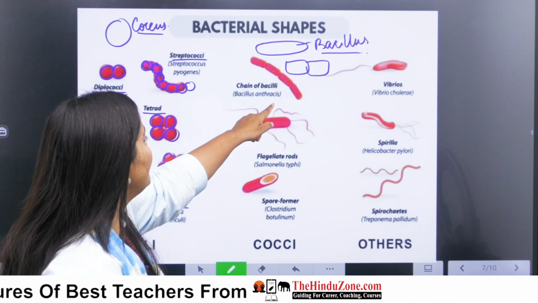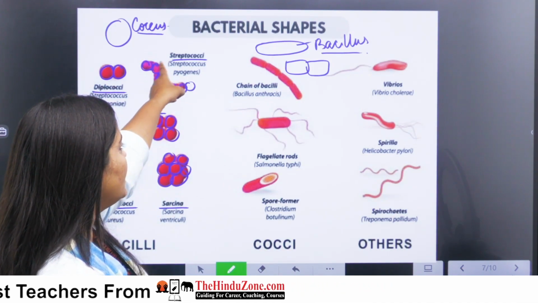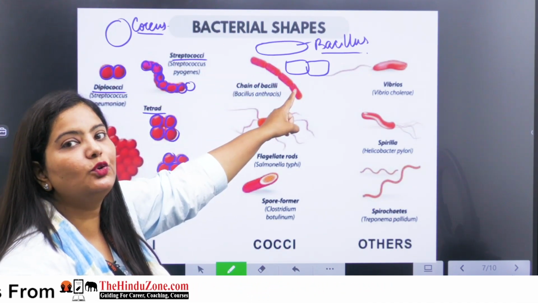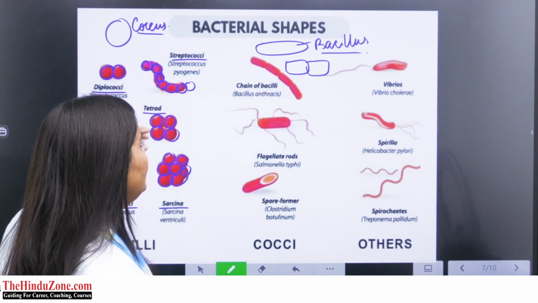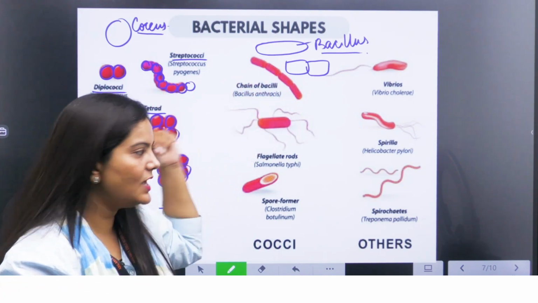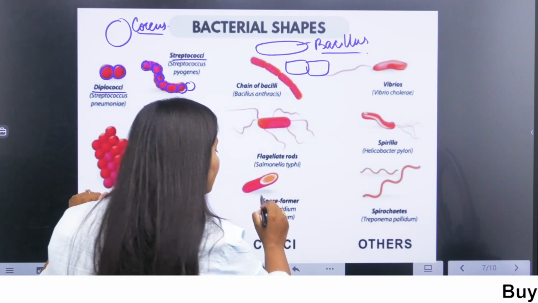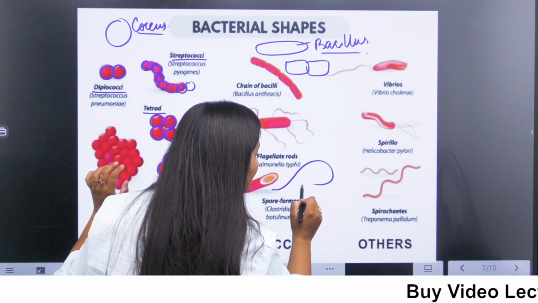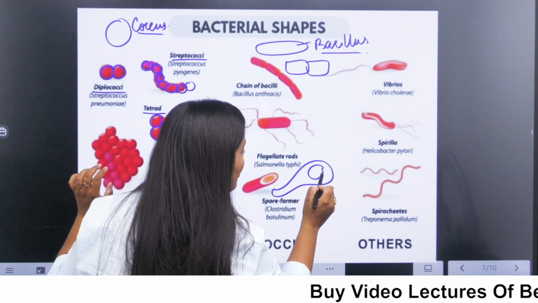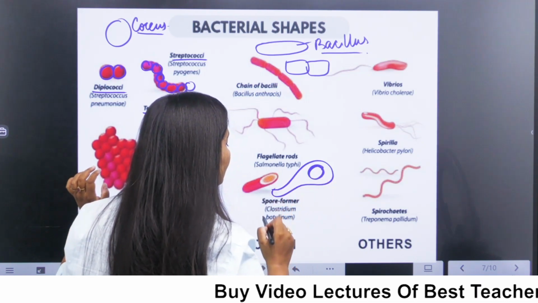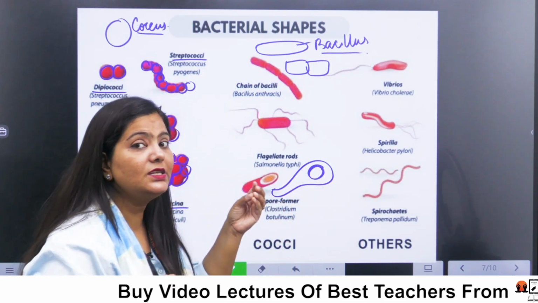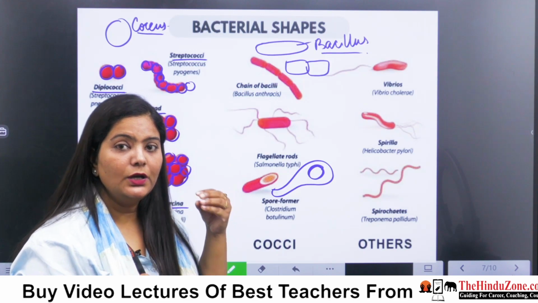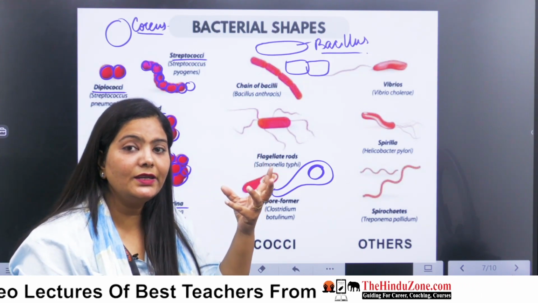If a chain of bacilli, just like streptococci, you will call it streptobacilli, right? These bacilli can have flagella, right? It is a characteristic of some of the bacillus cells to form spores inside, like Clostridium botulinum, Clostridium tetani.